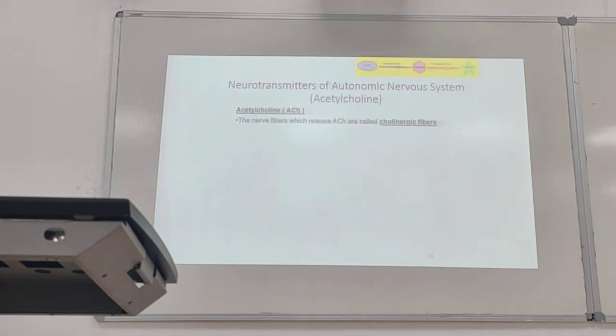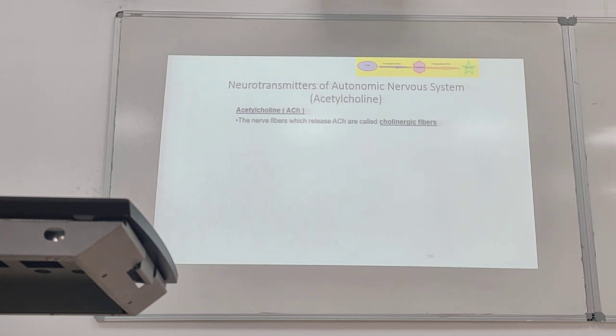What is the neurotransmitter of the parasympathetic system and sympathetic system? This is just a general idea. Before that, we have to make a strange concept that acetylcholine is present at 4 places.